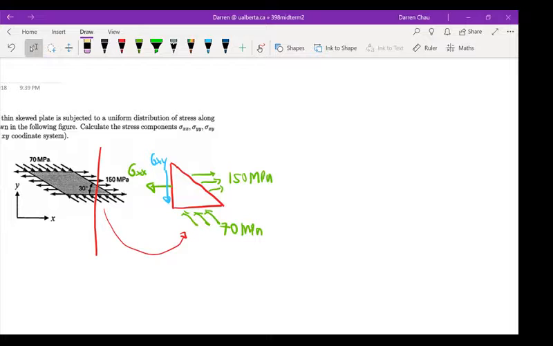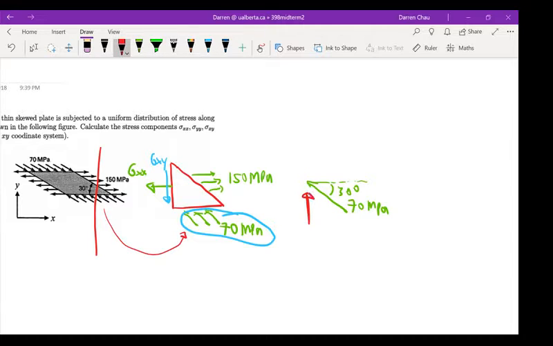So when we focus on this stress component, I'm sorry, I used the wrong color. So this is 70 megapascal. That's 30 degrees.